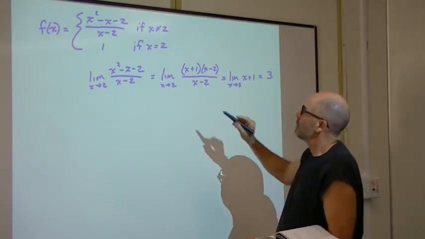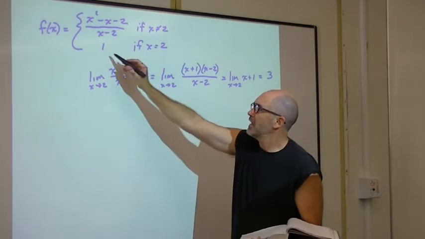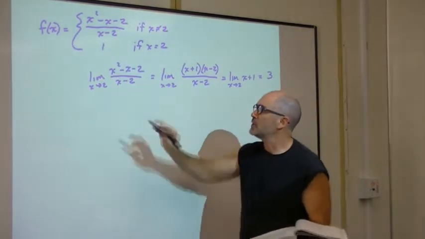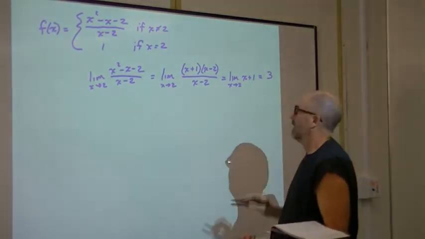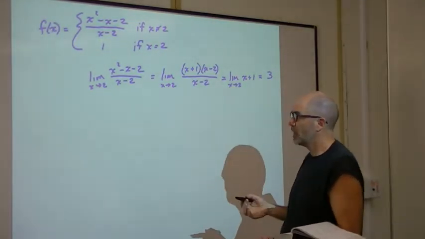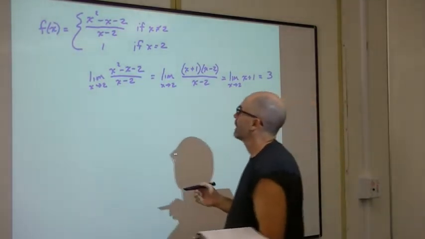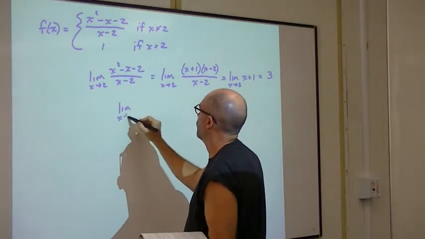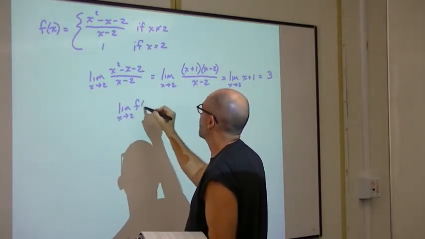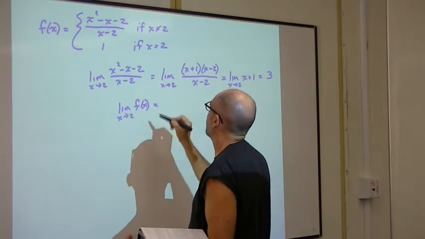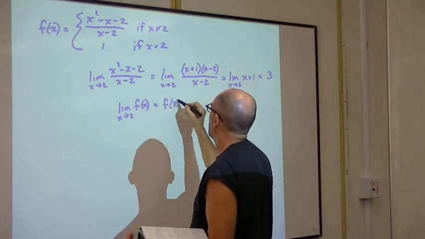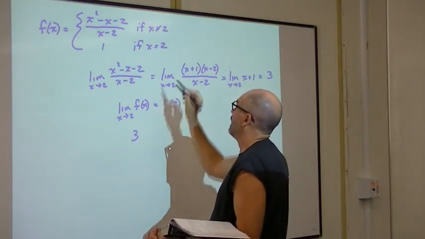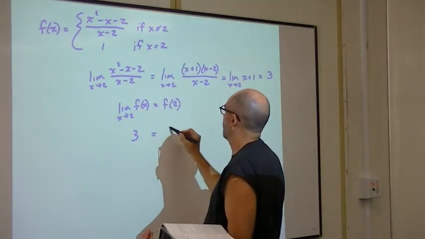Now, we found that f of 2 exists. That's point 1. The limit as x approaches 2 exists. That's point 2. But the limit as x approaches 2 of f of x has to equal f of 2. We just found that the limit equals 3 and f of 2 equals 1.